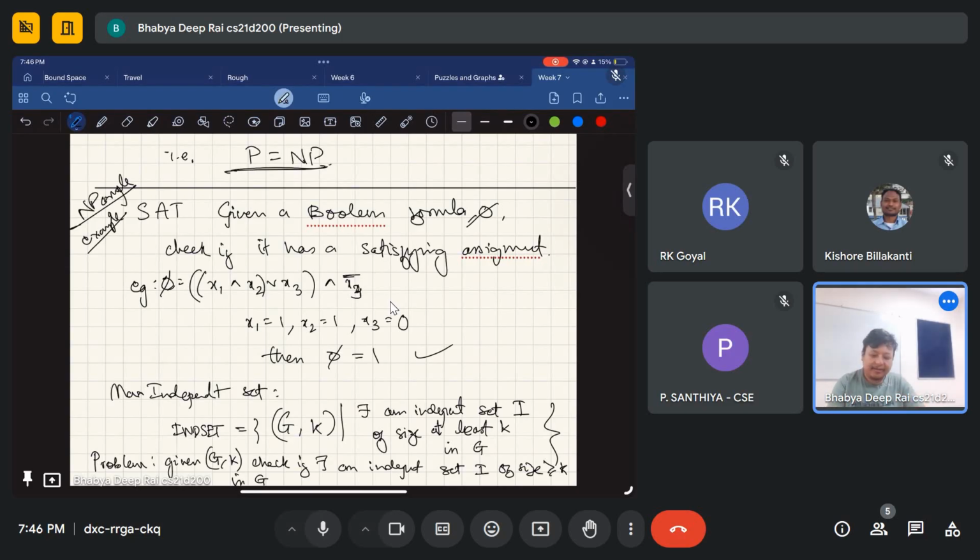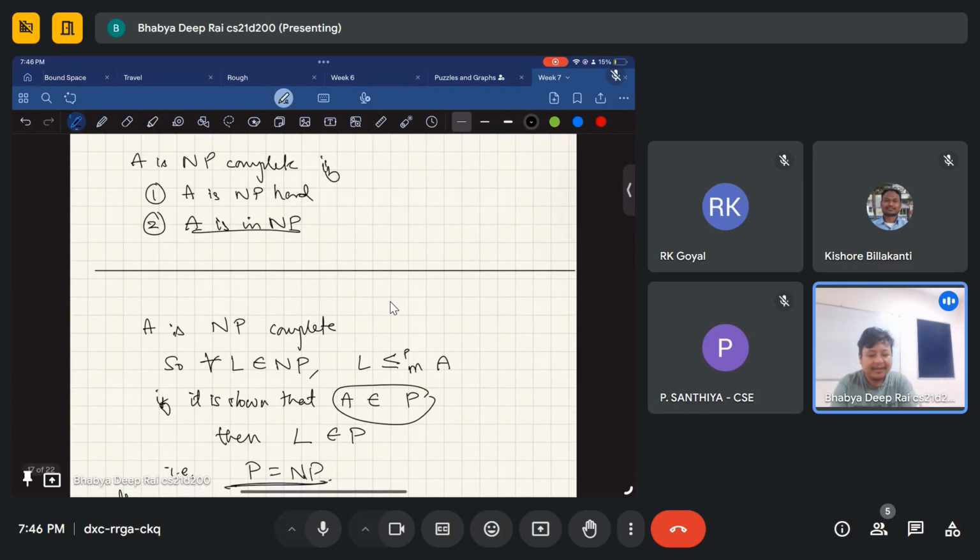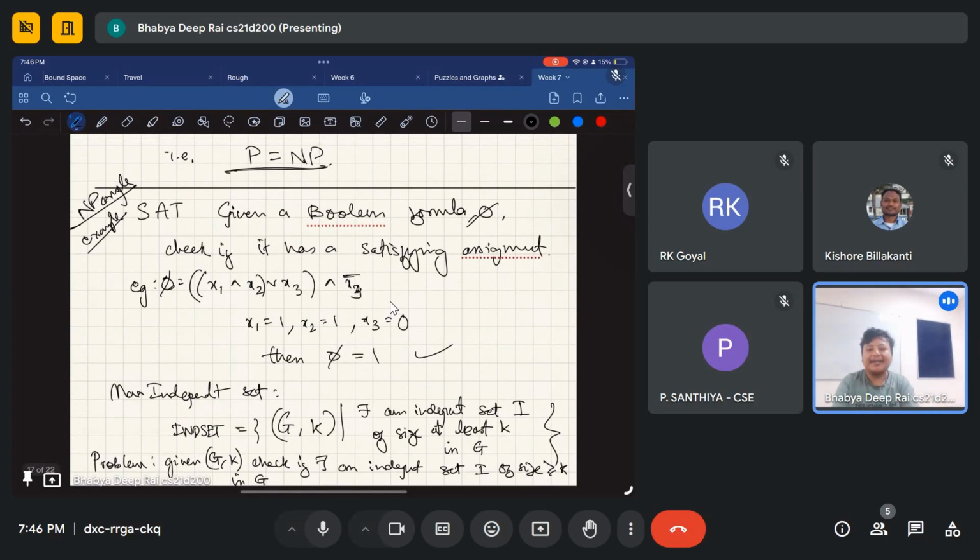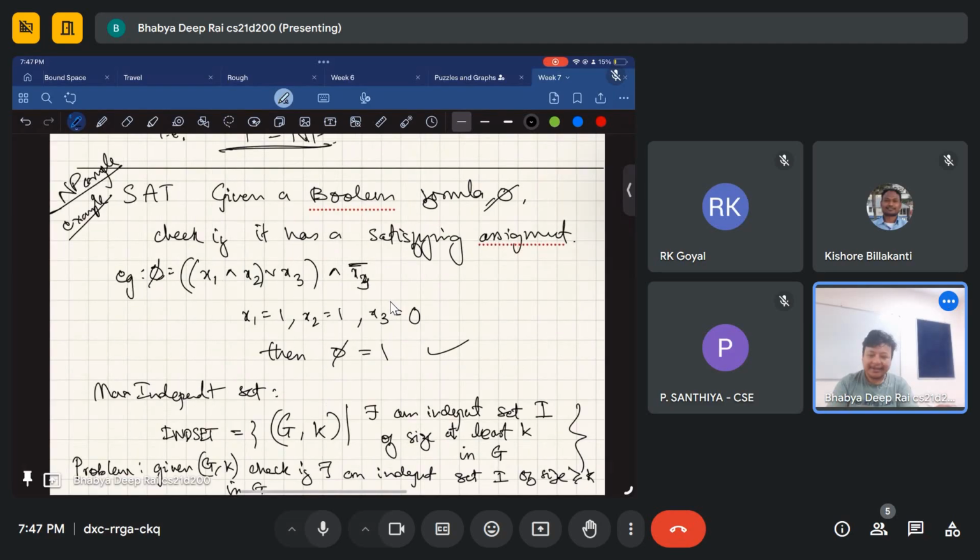To prove this, you need two things. You need to show that it is in NP. Can you say SAT is in NP? We can, because if you give me a satisfying assignment, I'll plug it into the formula, evaluate each AND and OR, and in polynomial time I'll get the answer. Is max independent set in NP?